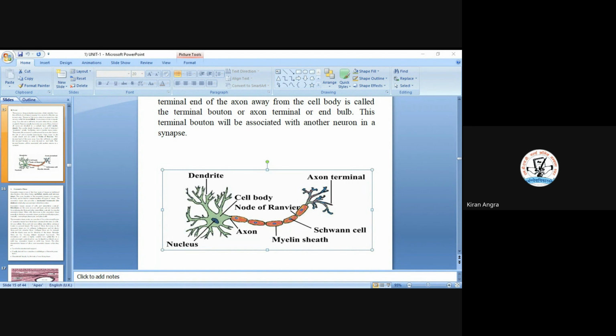and then they will transmit it to the cell. Now from the cell it has to pass on, and you are seeing there is a long process from the body afterwards.